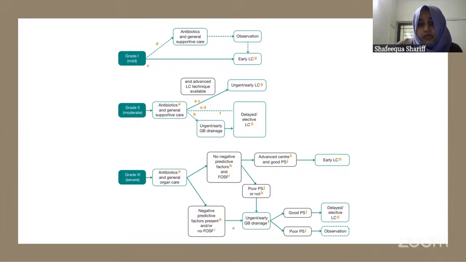If the negative predictive factors are present, then you can try for an early GB drainage, that is cholecystostomy. All this is mainly assessed by the performance score. If there's a good performance score, you can do a delayed or elective laparoscopic cholecystectomy. But if the performance score is still poor, you have to keep the patient on observation and plan for subsequent management.